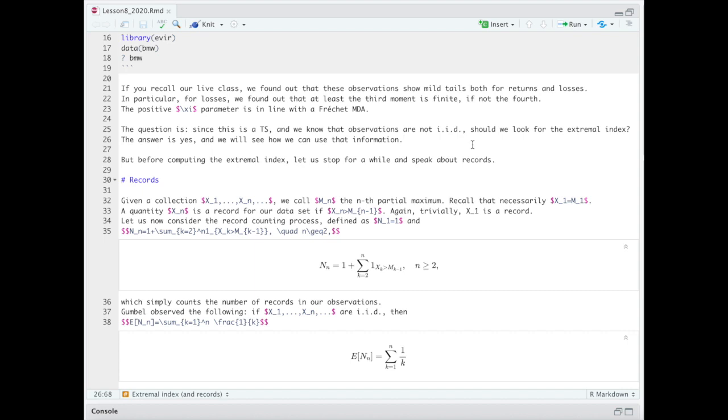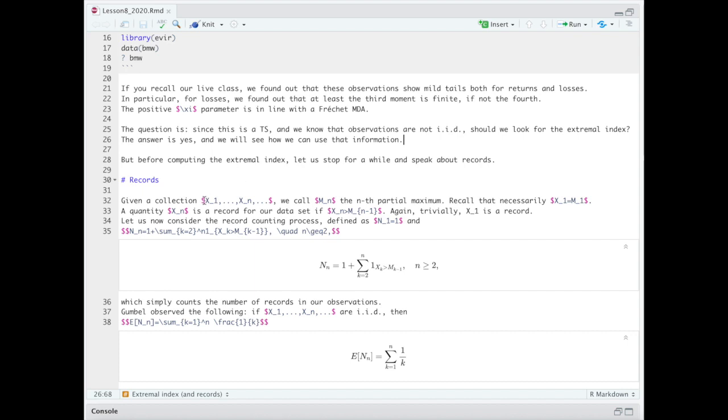What I want to discuss with you is the use of a nice quantity in extreme value theory, that is to say, records. Now, what are records? Records are nothing more than the same type of things that you consider in sports.